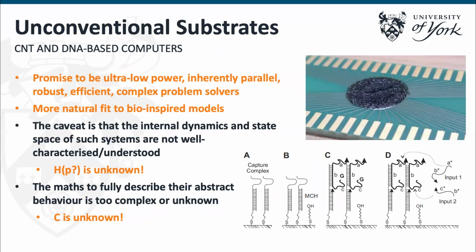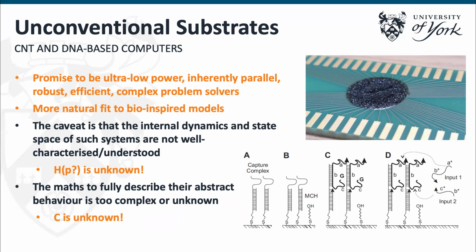So this takes me now to these unconventional substrates and what the issue is with them. They promise to be ultra low power, parallel, robust, efficient, and so on. They are a more natural fit to the dynamics of the real world or more biological models to begin with, because of the energy transient in the energy wells that I was talking about before.